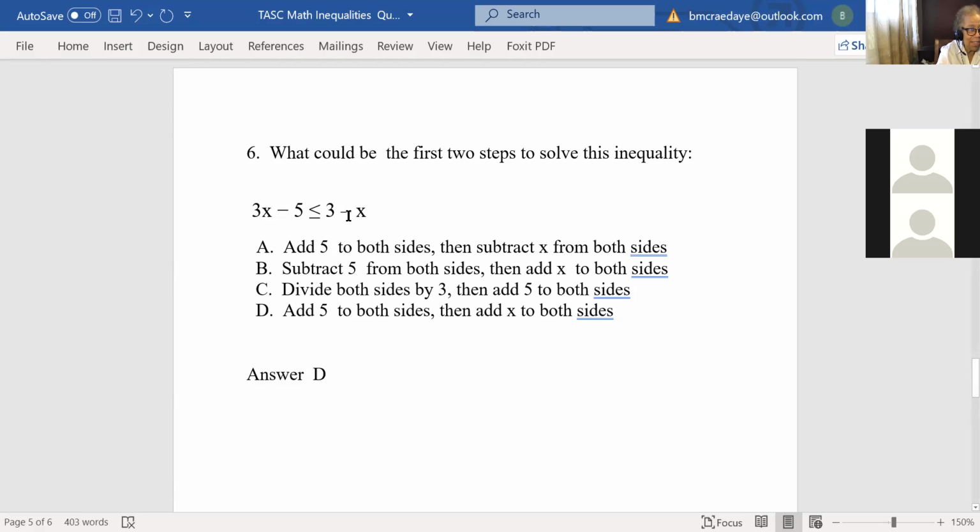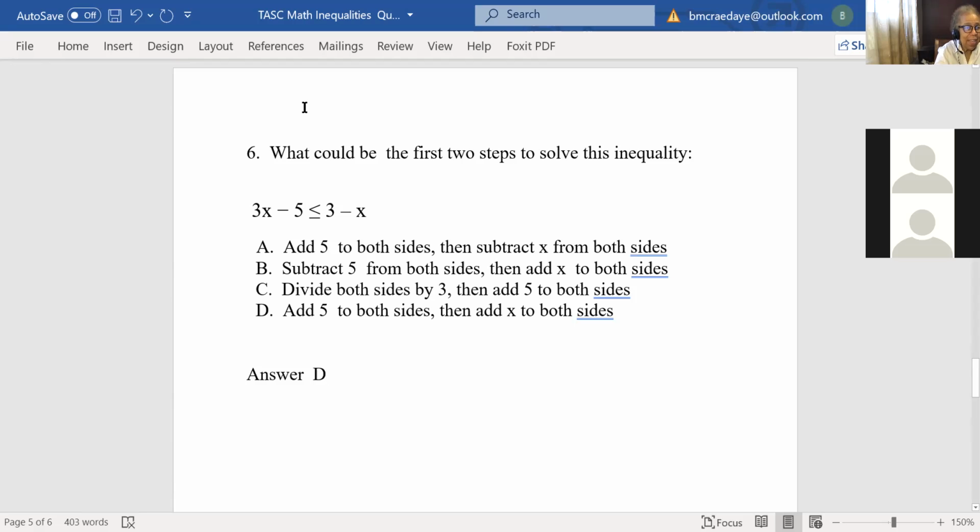When you have the multiplication, then you do the division. That comes later, once you combine the 5 and the 3 and the 3x and the x. It's not going to be a 3, because once you combine the x's, you will have 4x.